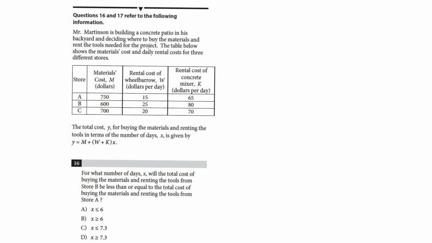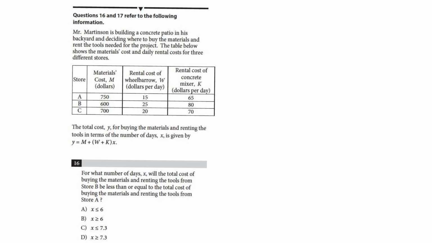Question 16: For what number of days, X, will the total cost of buying materials and renting tools from store B be less than or equal to the total cost from store A? All right, that's pretty straightforward.